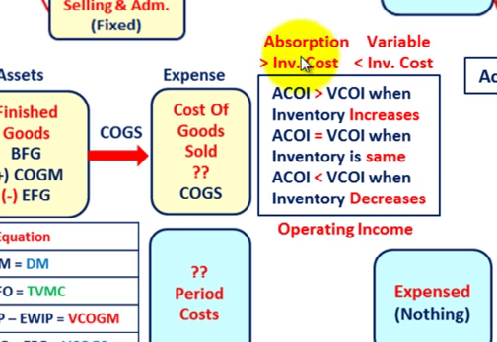Where our absorption costing has a greater inventory cost versus variable costing, using absorption costing, your operating income would be greater than the variable costing operating income when inventory increases. And then absorption costing operating income will equal variable costing operating income when inventory is the same. And then absorption costing operating income will be less than variable costing operating income when inventory decreases.